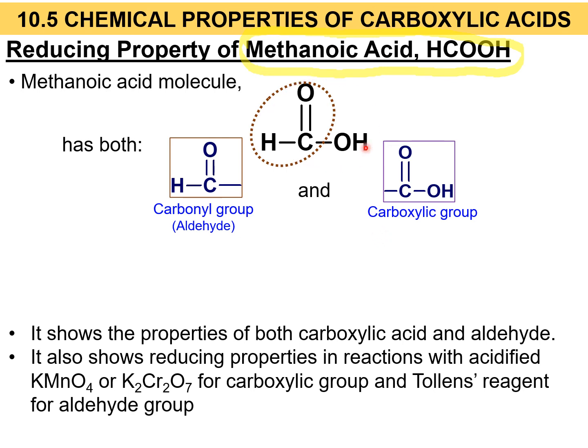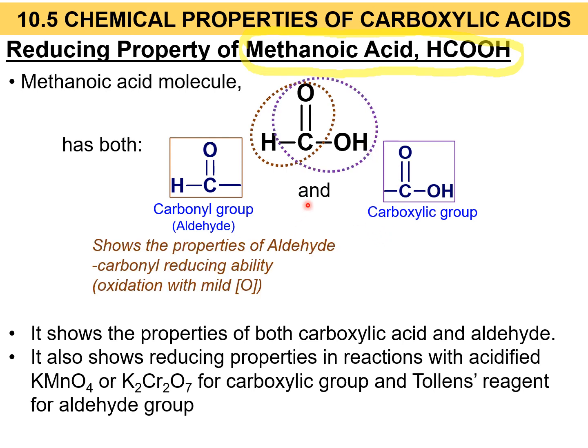So bermaksudnya kat sini, yang methanoic acid yang ada aldehyde punya properties ni, dia boleh buat oxidation reaction. Kita tahu kan aldehyde dia boleh buat oxidation reaction and also dia boleh buat reduction reaction.